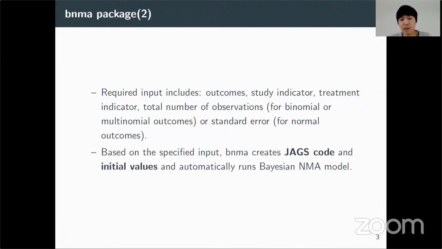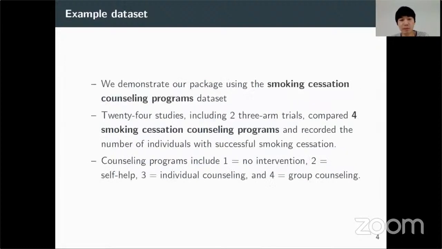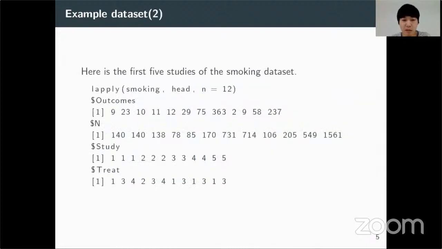Based on the specified input, BNMA creates JAGS code and initial values and automatically runs the Bayesian NMA model. We will demonstrate this package using the smoking cessation dataset. This consists of 24 studies, including comparing 4 smoking cessation counseling programs. This is the first 5 studies of the smoking dataset.